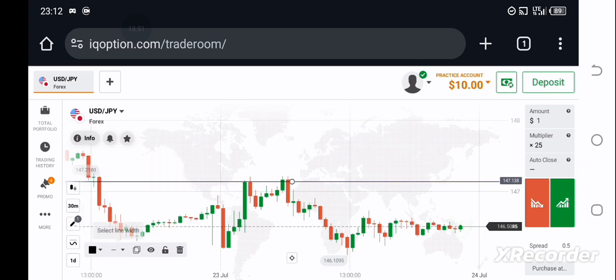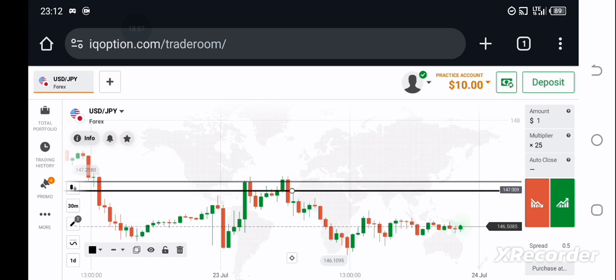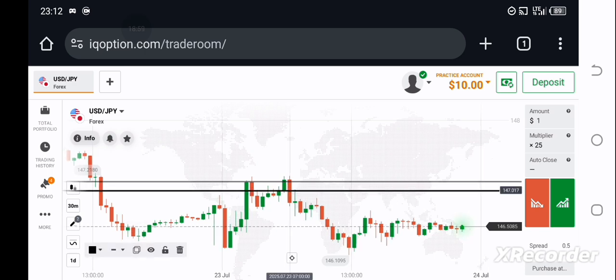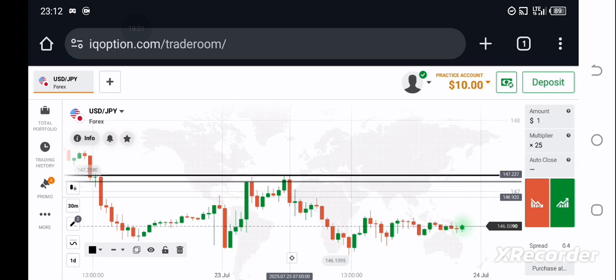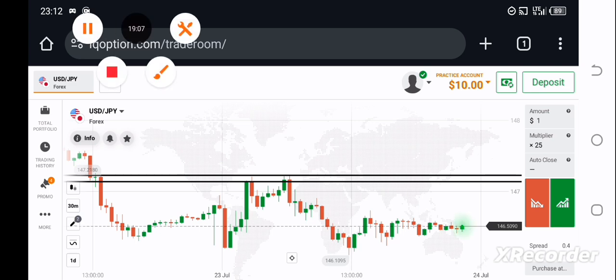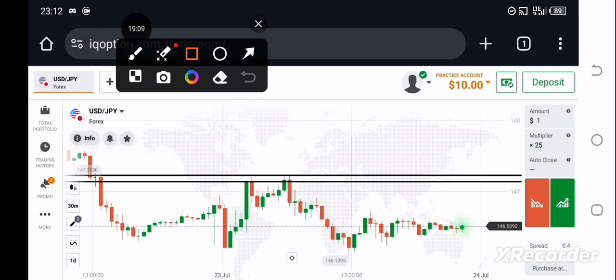I'll make it bold. Let me clone it. So you can see this is the complete area. This is an M pattern in a downtrend, indicating the market wants to continue to push downward.